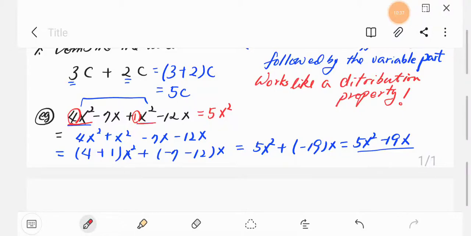For the other terms, this is negative 7x and this is negative 12x, so why don't we just add up negative 7 and negative 12? That is negative 19, so minus 19x. So you can combine the like terms using mental math instead of writing all these complicated steps.